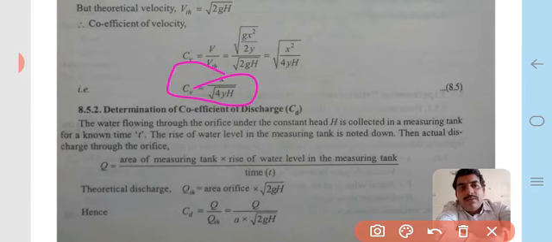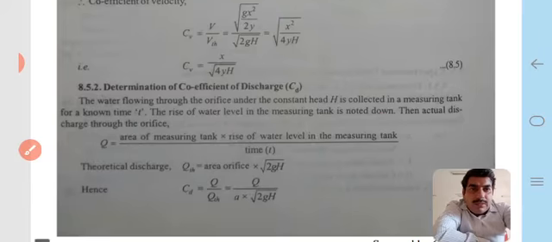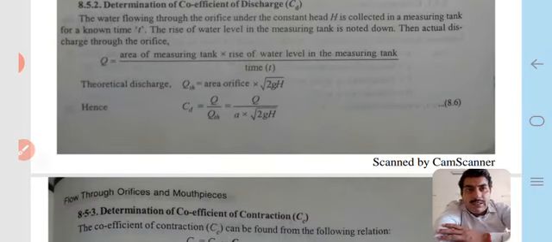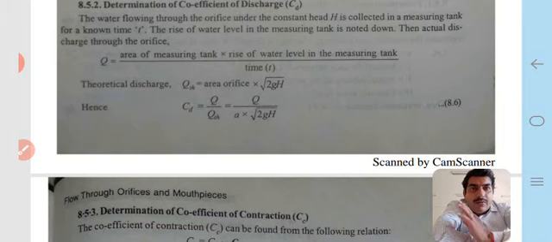Now it is very important: the determination of coefficient of discharge. The water flowing through the orifice under the constant head capital H is collected in a measuring tank for a known time, small t. The rise of water level in the measuring tank is noted down.